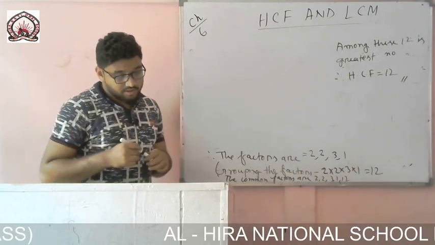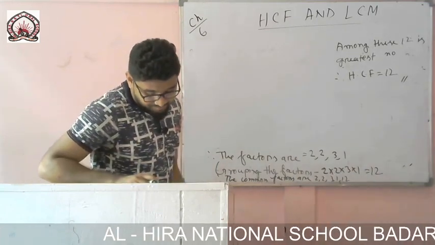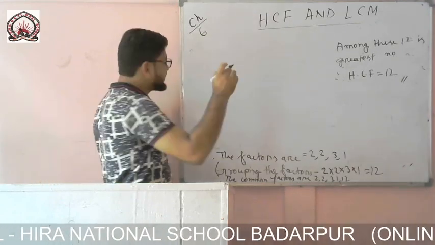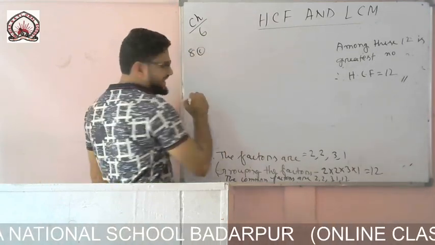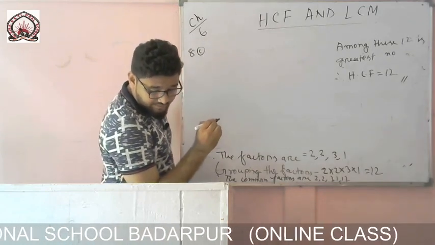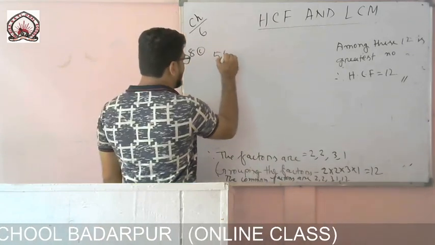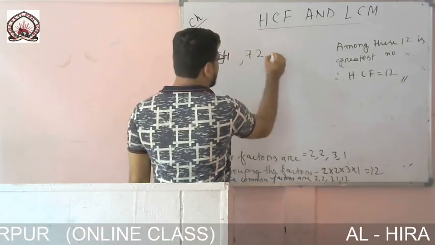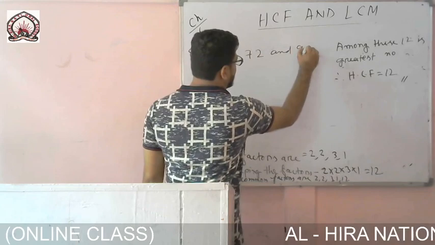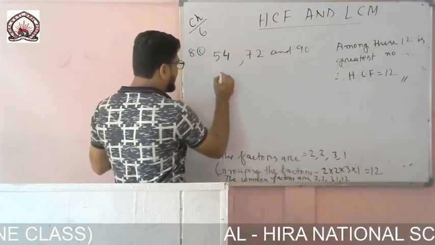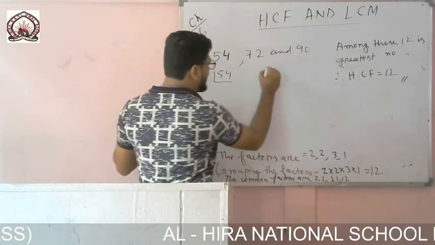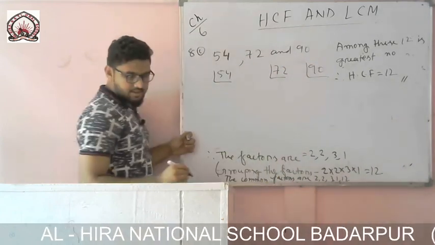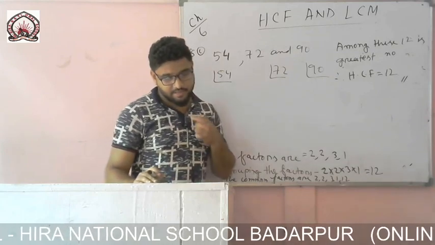So write number 8C. 8C what is there? 54, 72, 90. Start with 54, 72, 90.